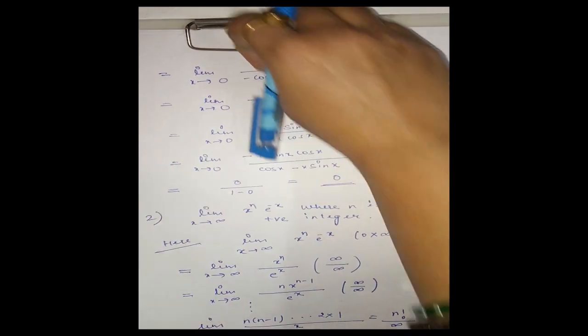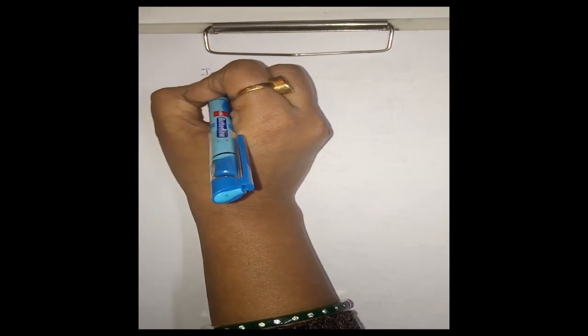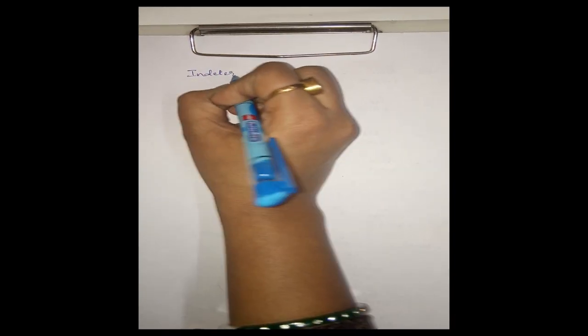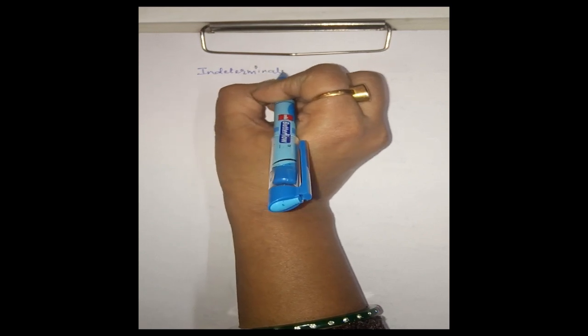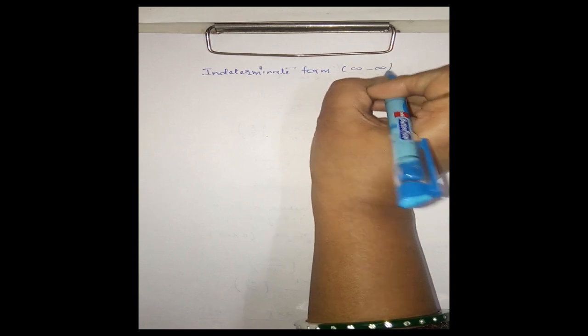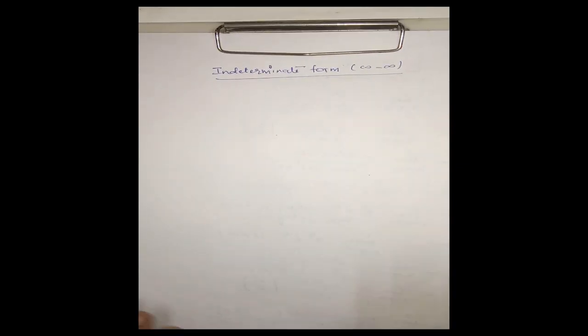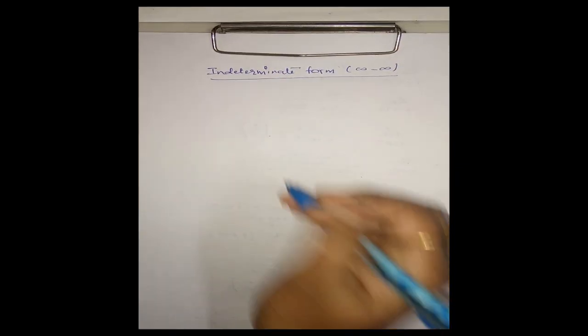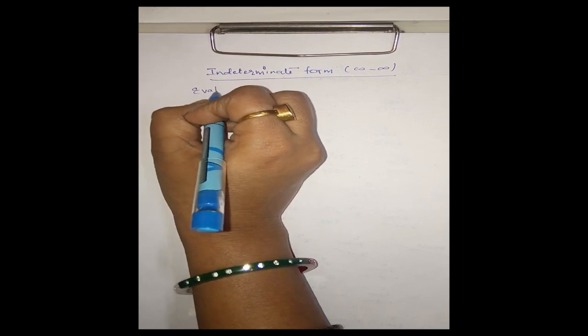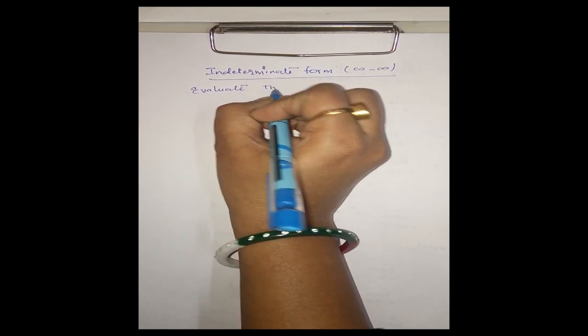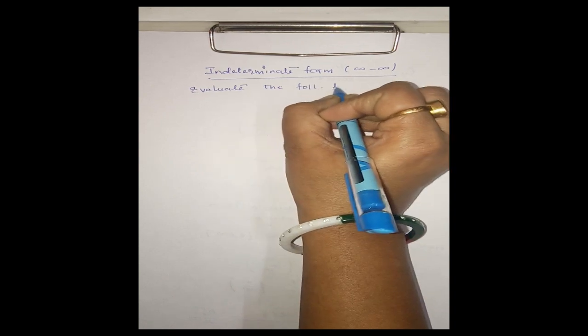Now we consider the indeterminate form of the type infinity minus infinity. Now we consider this type of form. Okay. Now evaluate the following limits.